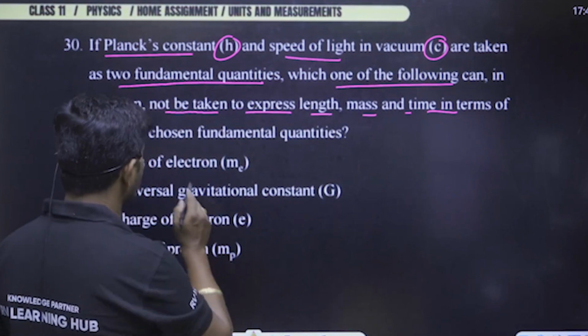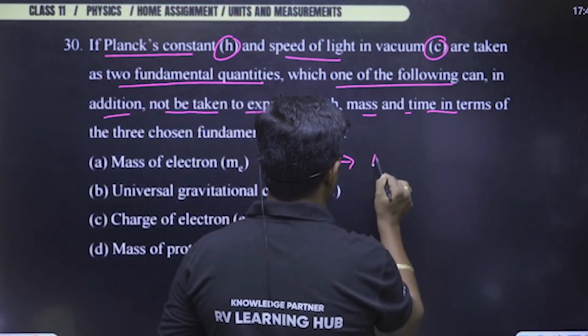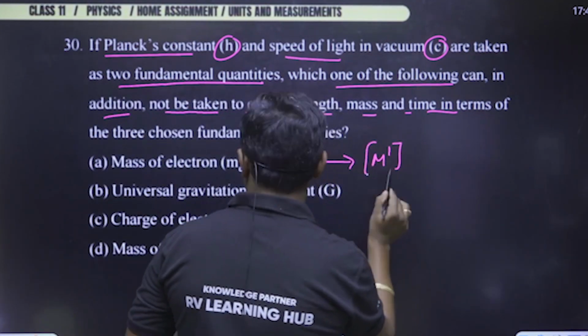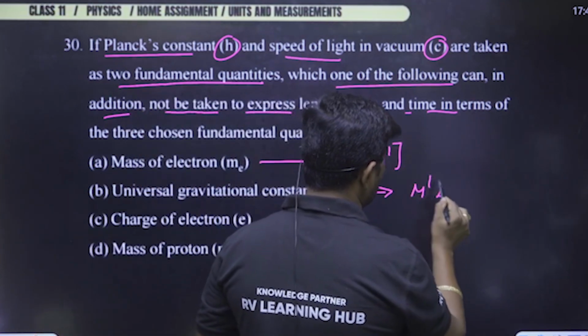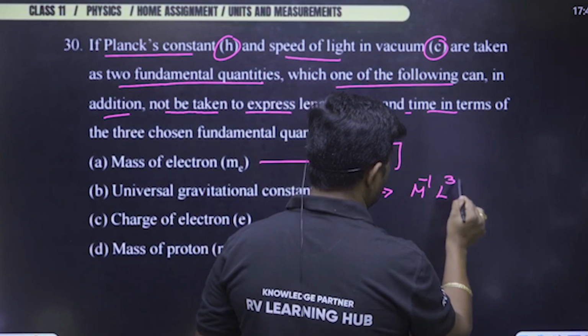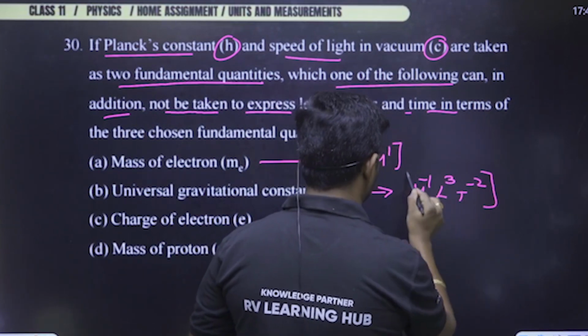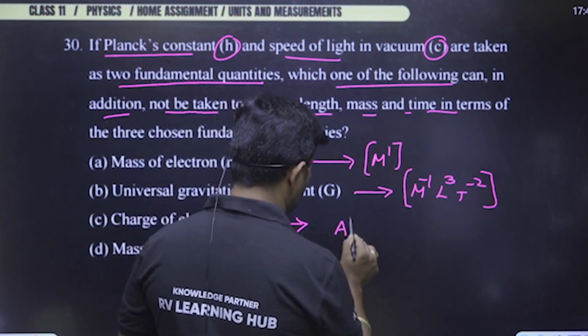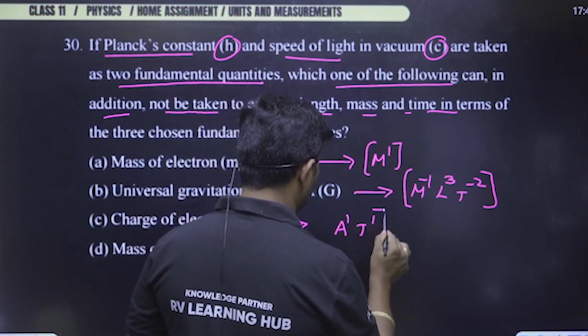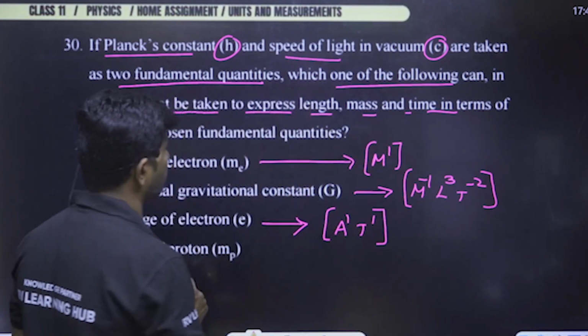So see here, the mass of the electron is M to the power of 1. The universal gravitation constant will have the dimension M to the power of -1, L power 3 and T power -2. The charge of the electron is A power 1 and T power 1.